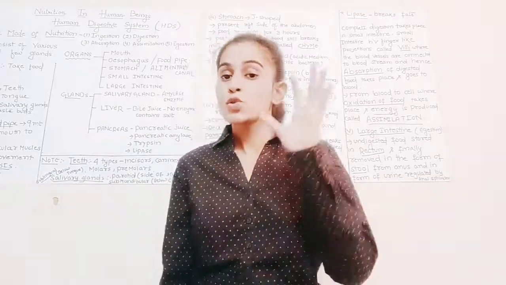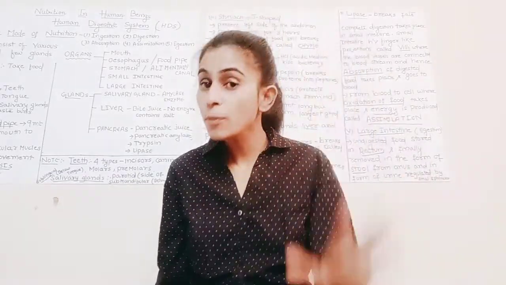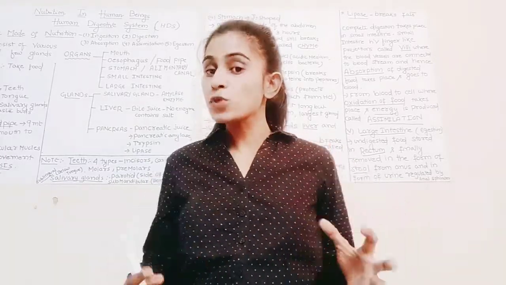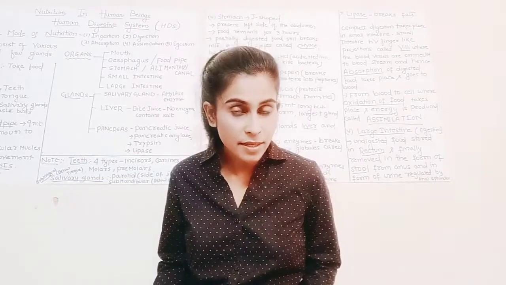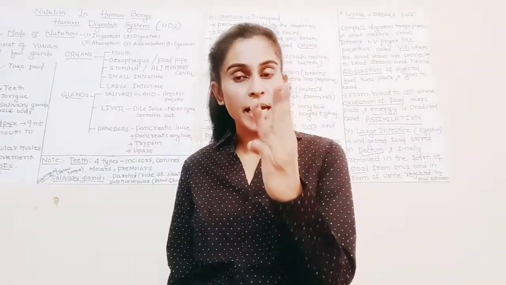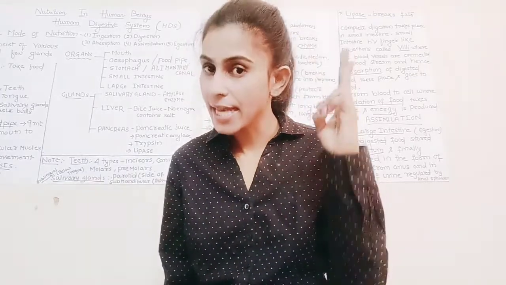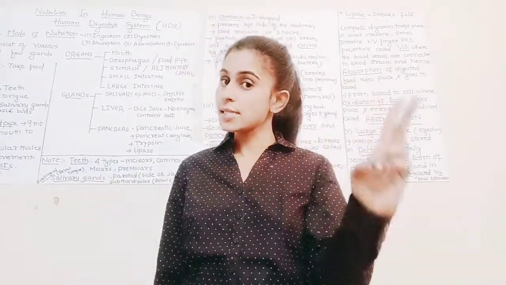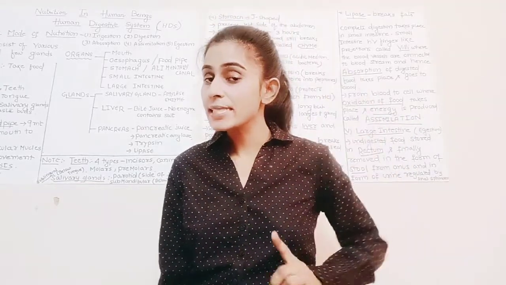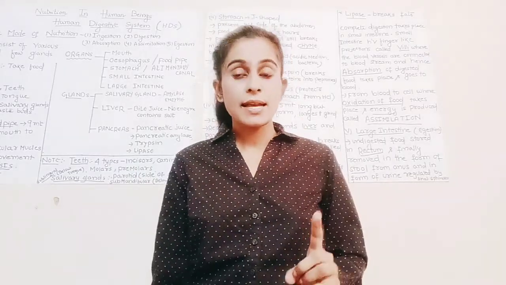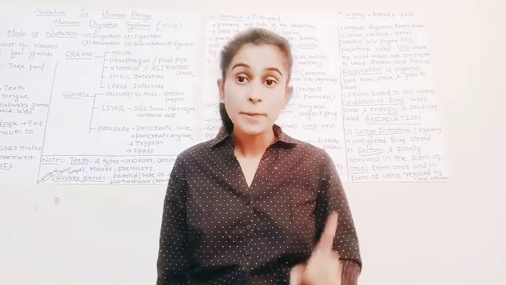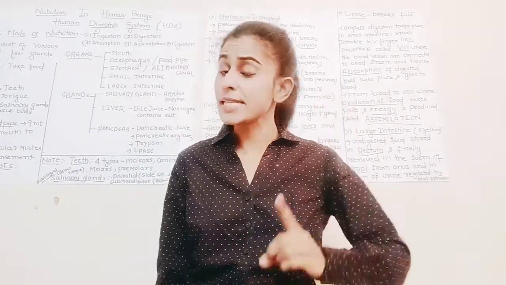So when the bolus reaches the stomach, the digestive juices are released from the stomach. How many types of digestive juices are there? Three. First, HCl, which kills the bacteria and creates an acidic medium. The second is pepsin, which functions in acidic medium and breaks the proteins into peptones.